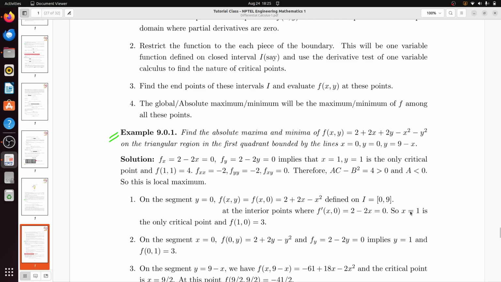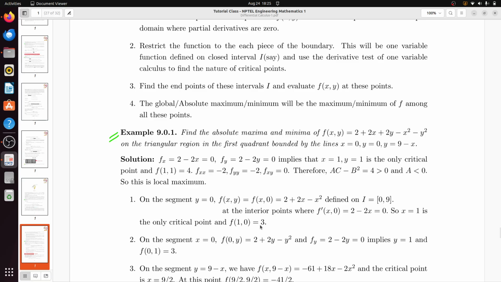Is it clear? क्योंकि now आपने इंटीरियर पॉइंट पे तो निकाल लिया, अब आपको बाउंड्रीज पे लेना है. तो बाउंड्रीज में when you put the boundary condition, this function will reduce to a single variable problem because you are putting a restriction there. Is my point clear to you? Yes, sir. हाँ, so then you get 1 comma 0.